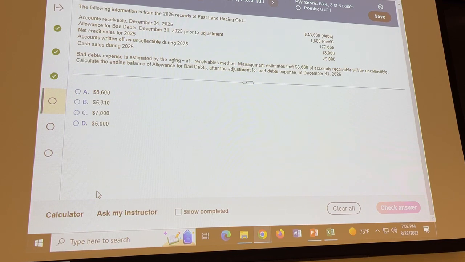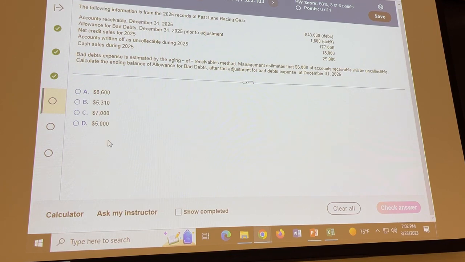So reading what they give to you here, can somebody tell me what the answer to this would appear to be? It's 5,000. Yes.